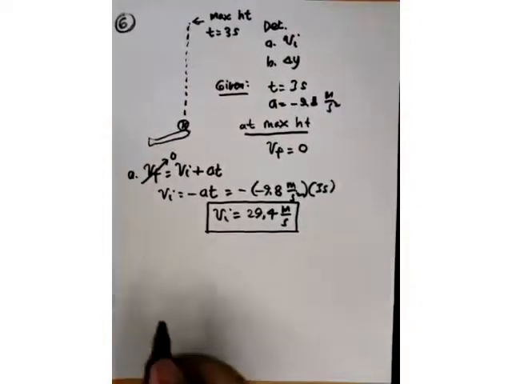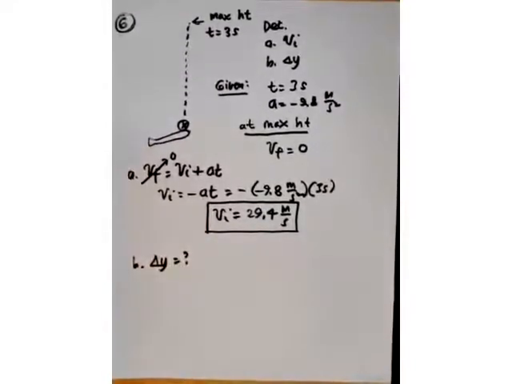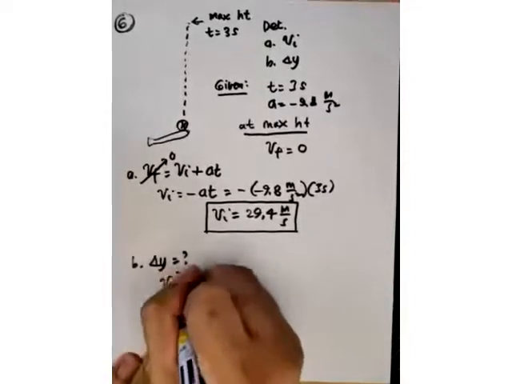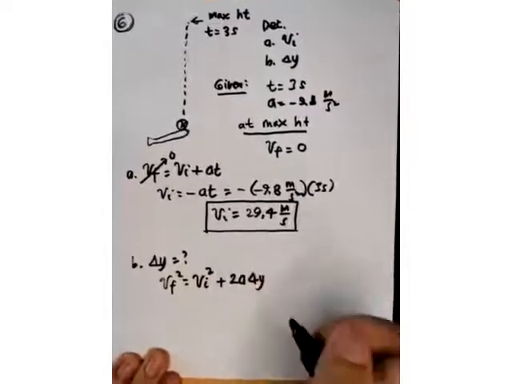Okay? Question? B, how about the displacement? So what formula are we going to use? So wala tayong choice na iwasan yung V initial kasi lahat ng formula ay merong V initial. Which one do you think? Okay, yung kanina. O sige. Yung V final squared is V initial squared plus 2a delta Y. Tama ba?